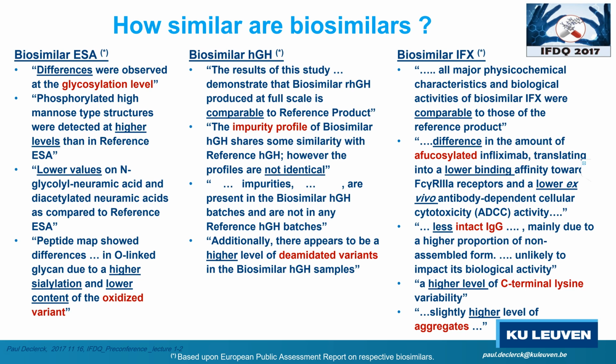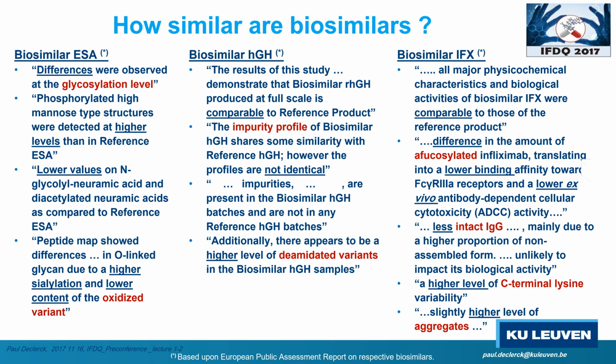And there you will notice that they indeed reported differences in particular properties, differences at the level of glycosylation, differences at the level of oxidation, as we can see here, differences in impurity profile, and so on. For the biosimilar infliximab, they also noted differences in the extent of afucosylation.